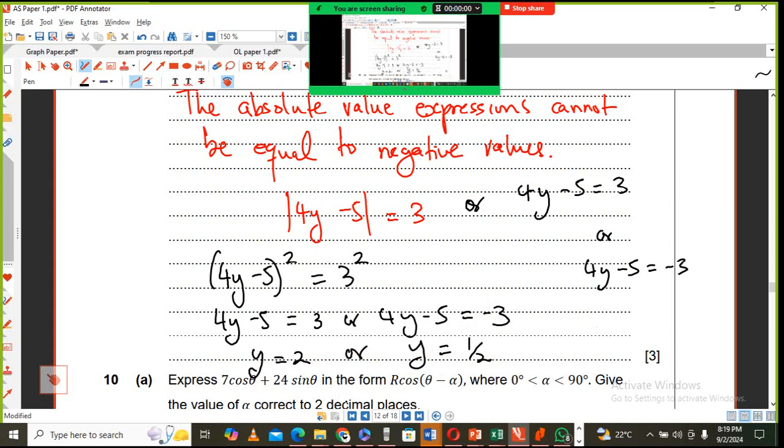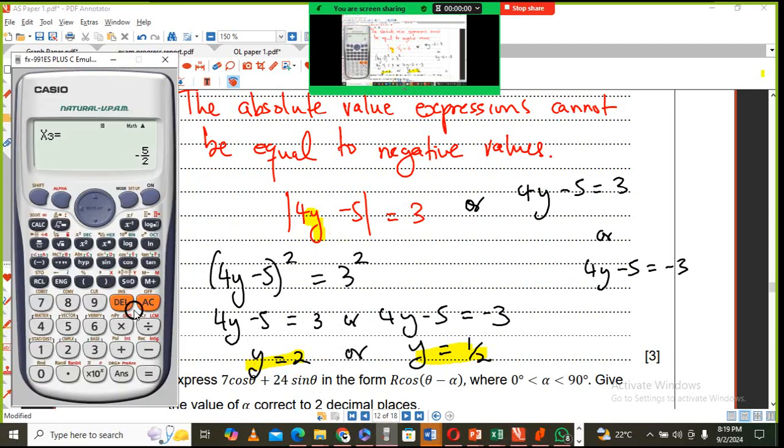But don't forget to always go back and substitute them back into the absolute value equation and see if you definitely get that. So in my case, just to check one, the absolute value, ABS, you must guide me. I can't see these days. It's here, Shift, that one.